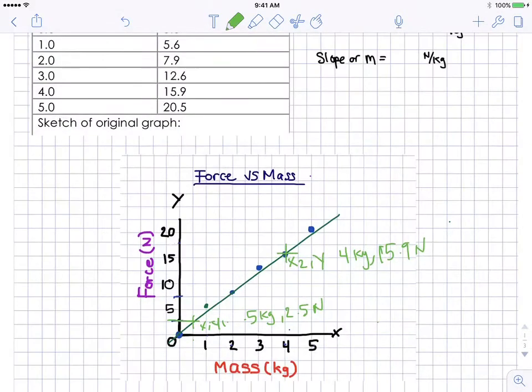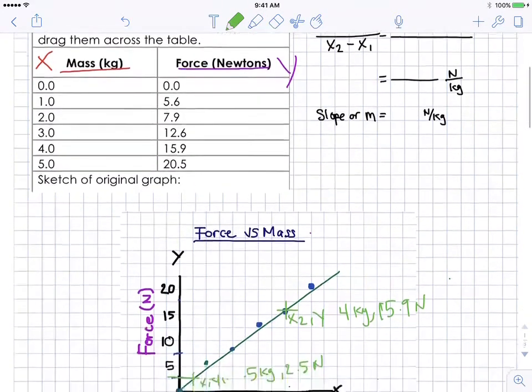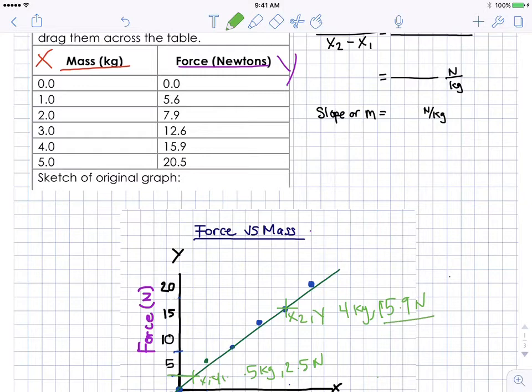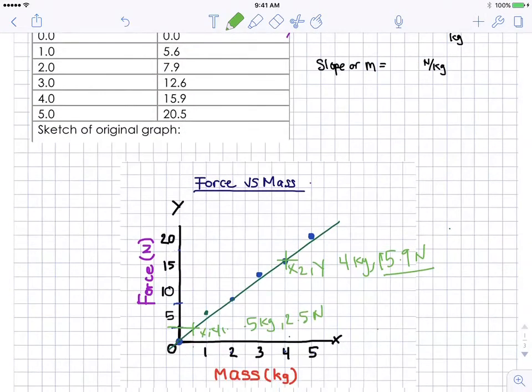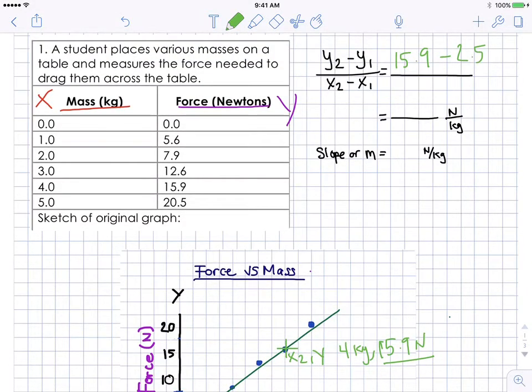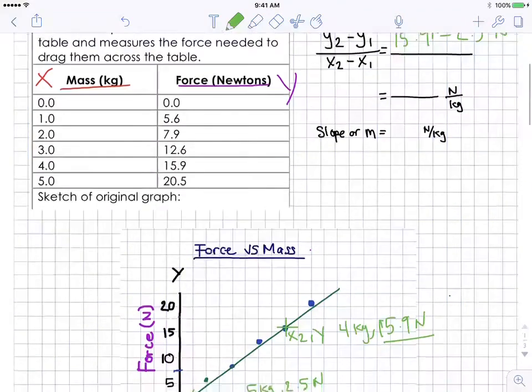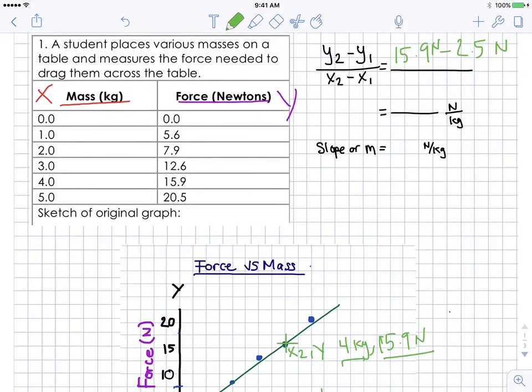So let's put that into our equation here. So y2 is 15.9 newtons minus y1, which is 2.5 newtons. Make sure you include those units now that we have units. And then our x2 is 4 and our x1 is 0.5 kilograms.